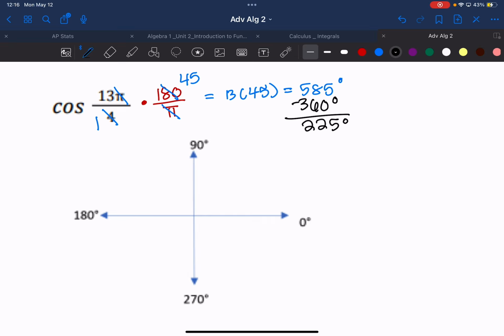So I'm going to go down to the third quadrant for my 225 degrees. And if I was to graph this, starting at the standard position, I would start here. I would complete my circle, then connect to my line.